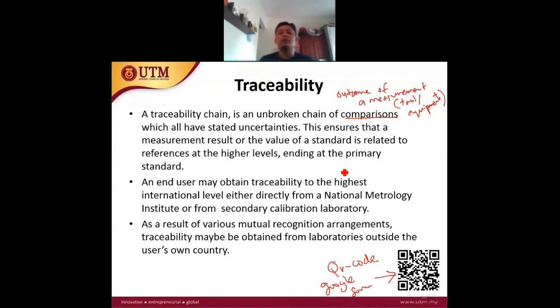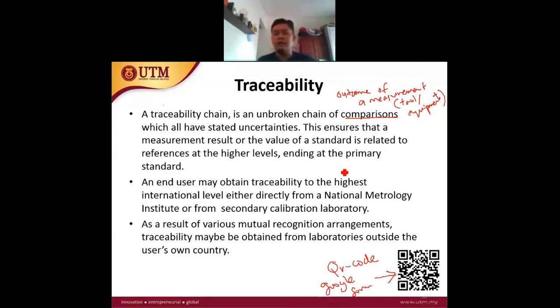The enterprise that conducts the comparison, of course, has equipment, and that equipment is comparable to another standard at a higher level.